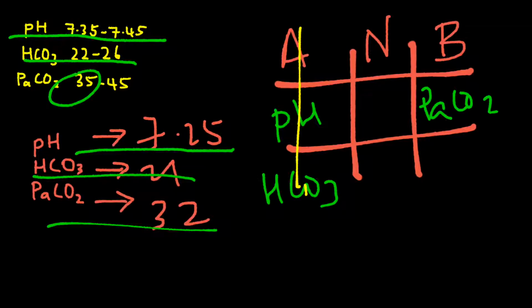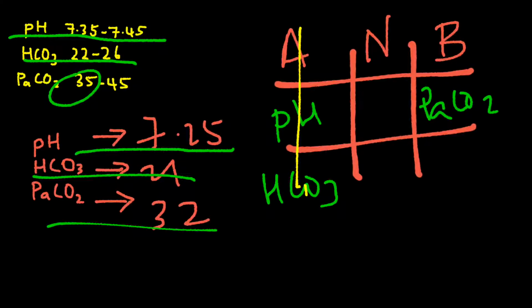And the interpretation: pH is under the acid column, so it's acidosis. HCO3, which is metabolic, is also under the acid column, so it is metabolic acidosis. The PaCO2 is under the base column, which is the opposing end of acid. So it is trying to maintain its homeostasis.